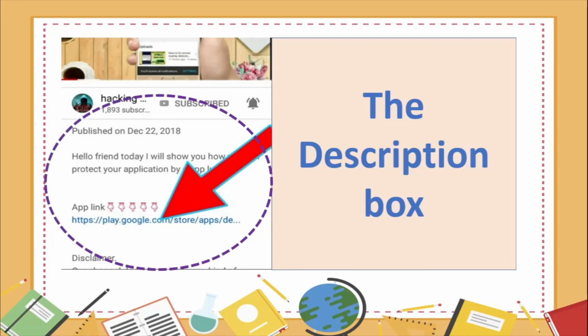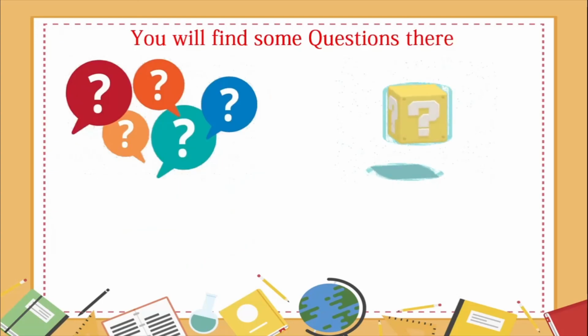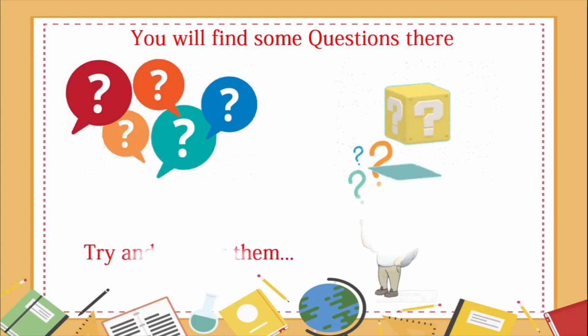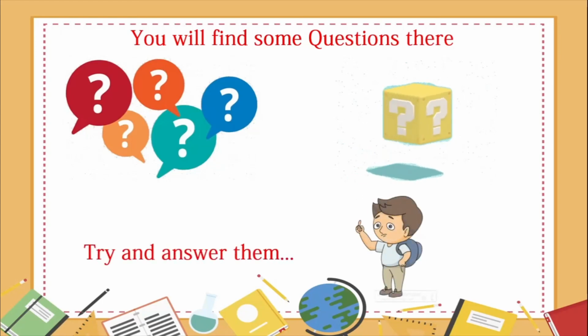Alright, and after you go to the description box, you will see that there are a few questions there. Now what are these questions about? These questions are about the lesson that we just learned or the video that you just watched. So what will you do? You will think back properly about the lesson and you will try and answer these questions.